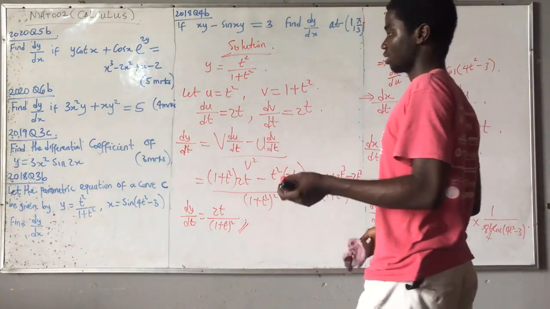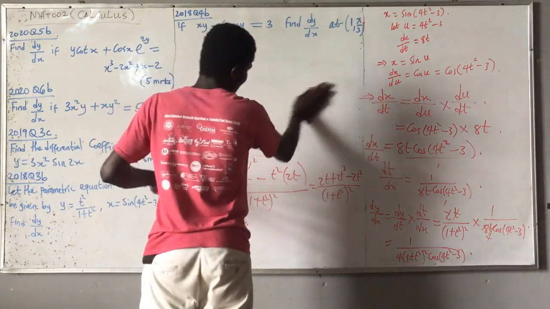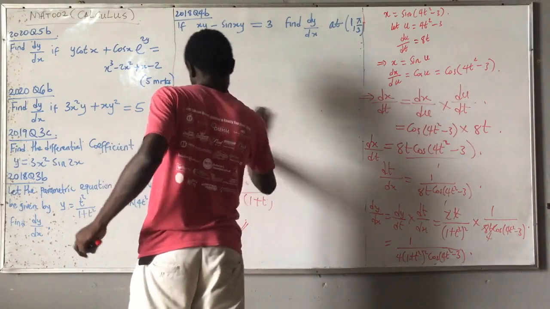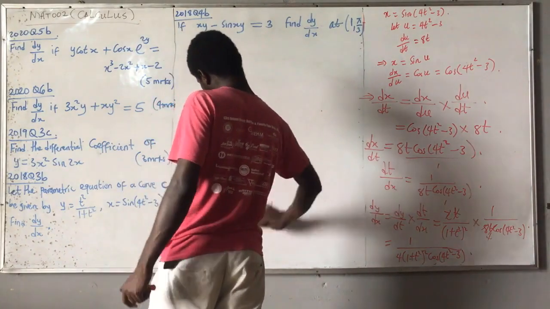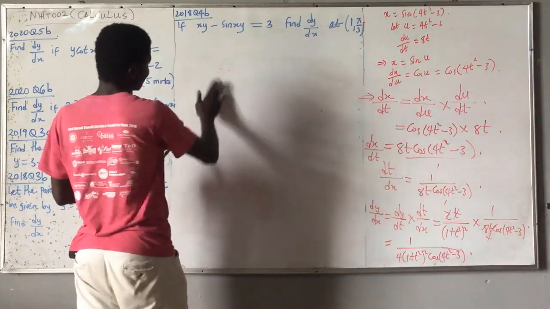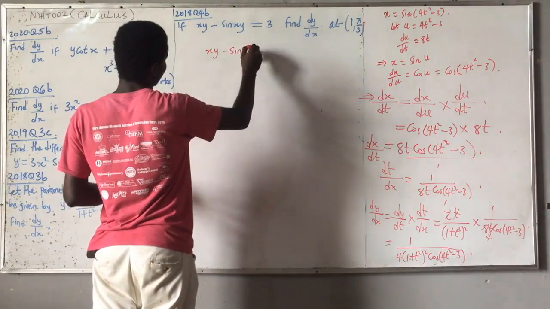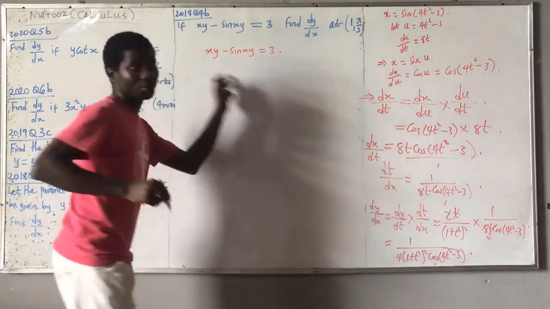Now let's do the last one on differentiation. Look at this one: xy − sin(xy) = 3. I want to differentiate this.